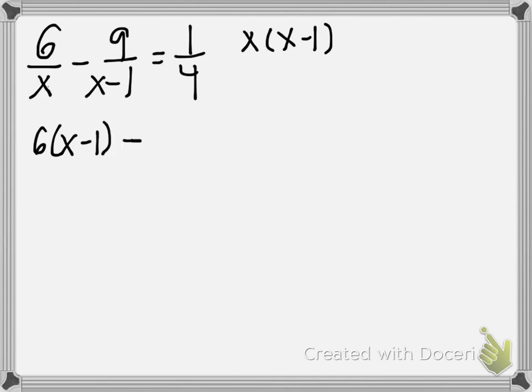minus 9x equals, and I forgot the 4, because the 4 is part of it too. So then I have, instead of a 6 over here, I have the 6 times 4, which is 24.